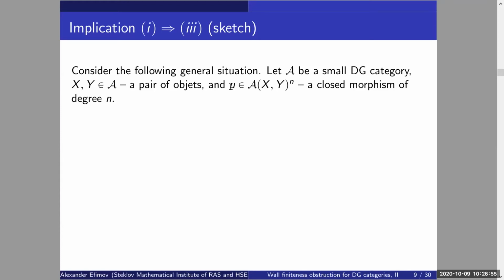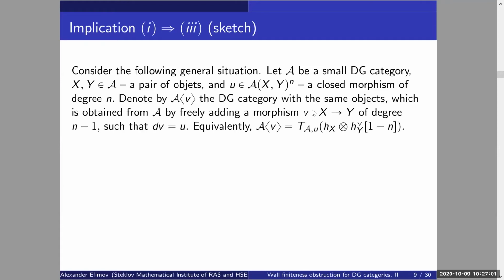More precisely, we have some old morphism u which is closed of degree n, and we are adding a new morphism of degree n minus 1, for which the differential equals u. So equivalently, this is just again the deformed tensor algebra of this representable bimodule, the product of hx and hy dual, shifted by 1 minus n.